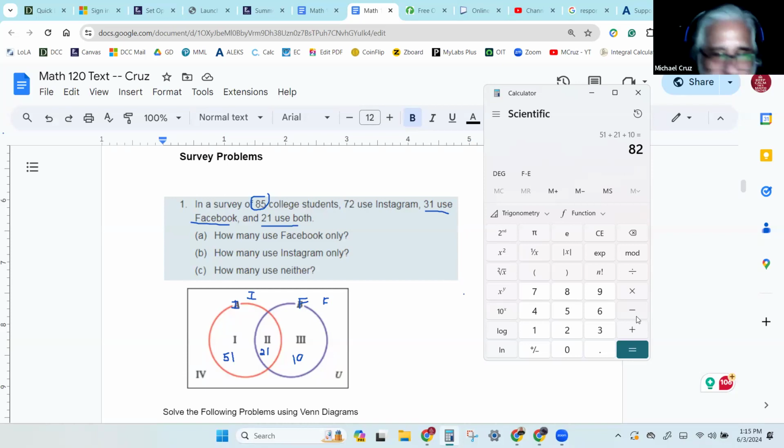So what that means is 85 minus 82 gives us 3, and that means there are 3 people who are using TikTok or whatever. They're not Instagram or Facebook users.